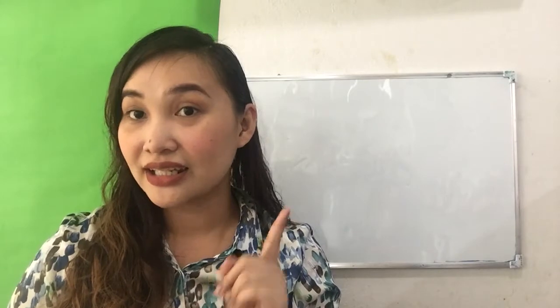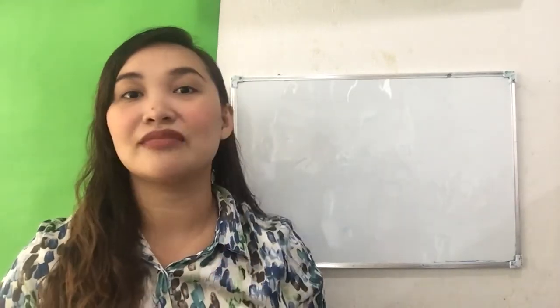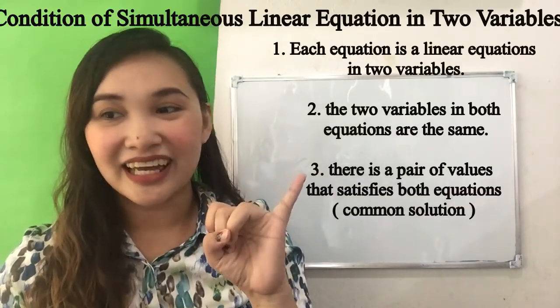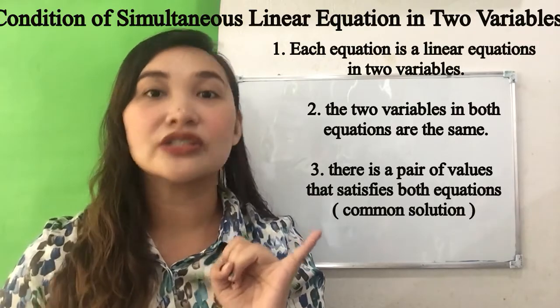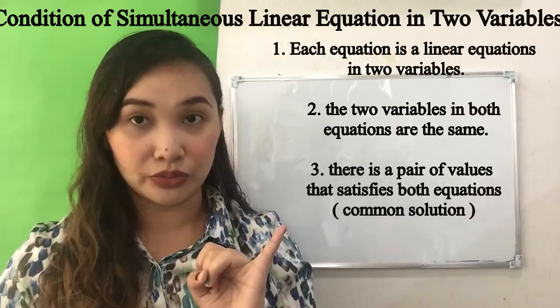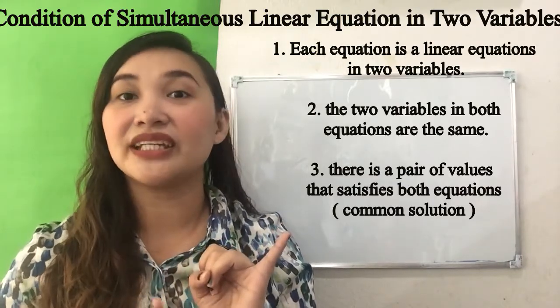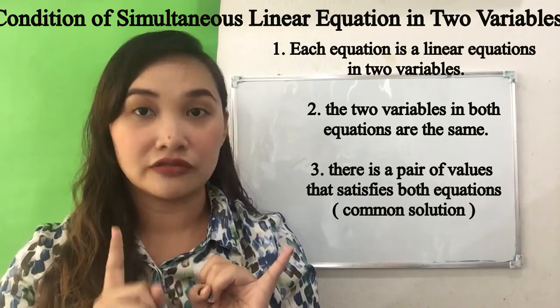To check if the two equations are simultaneous linear equations, first, each equation is a linear equation in two variables, of course. Very important.